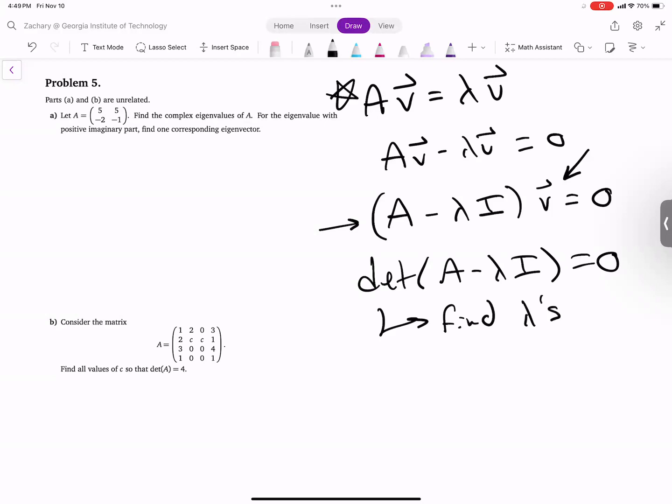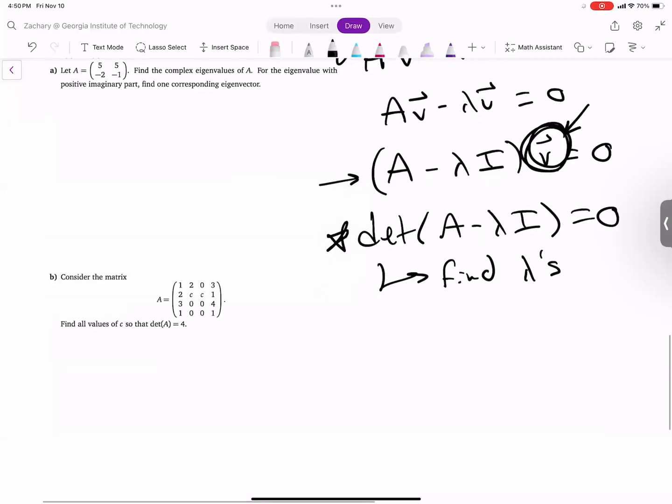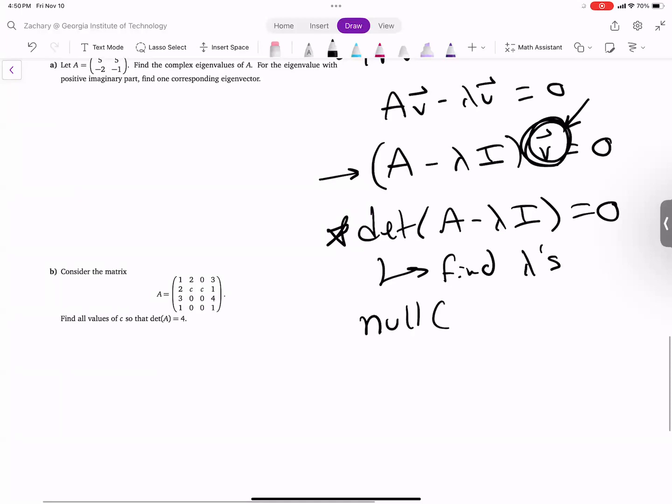If you take nothing else from what I say, this is the most important thing about eigenvalues, to find them. Okay? Once we have found that this matrix has a null space, we call that null space the eigenspace, because that describes our v's that satisfy this equation. So we call the null space of A minus lambda I the eigenspace.